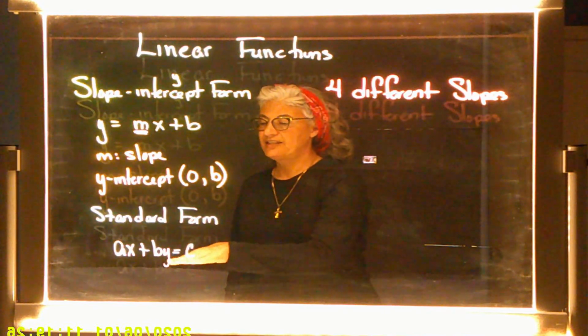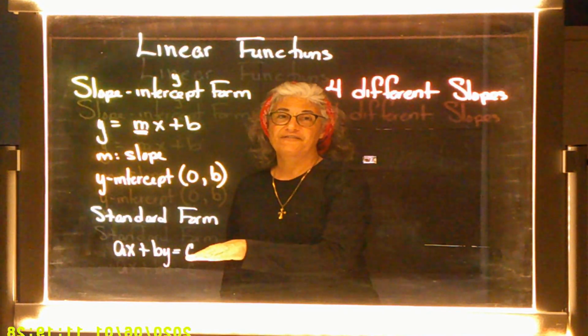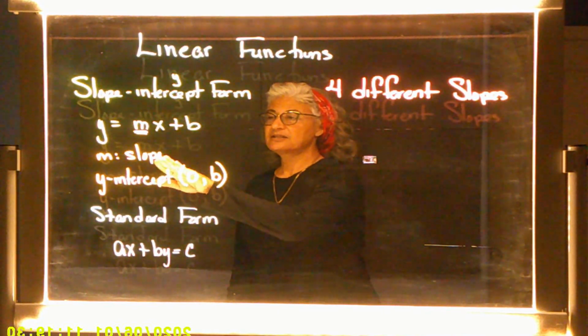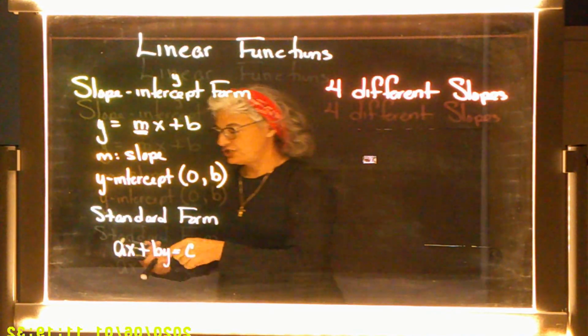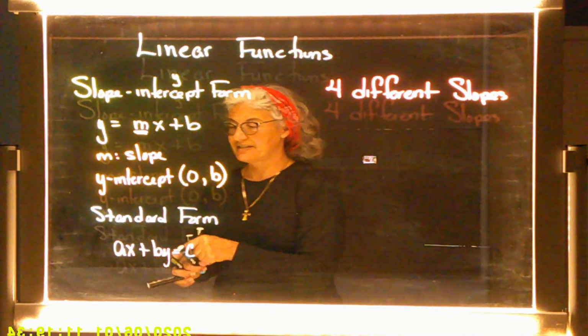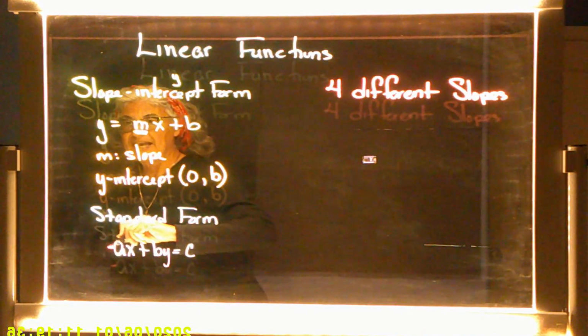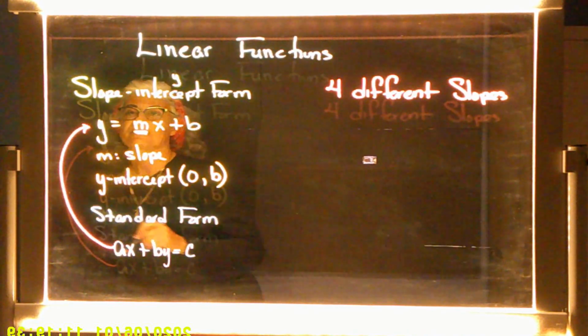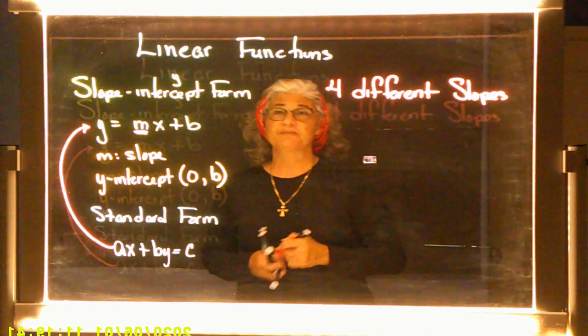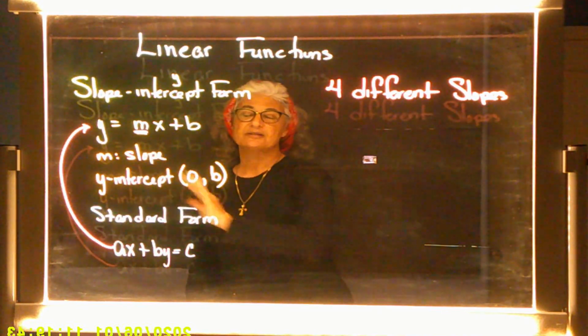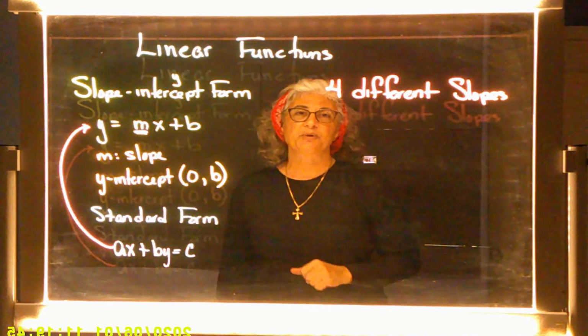If you're given this and you want to identify the slope and the y-intercept, then you need to take this standard form and turn it into the slope y-intercept form in order to find the correct slope and y-intercept. Always remember that.